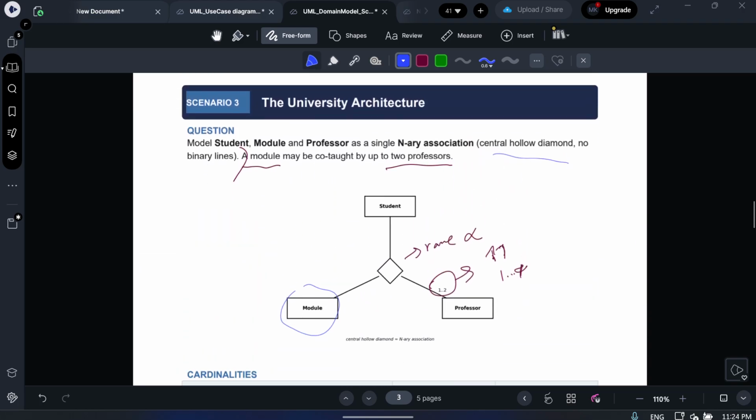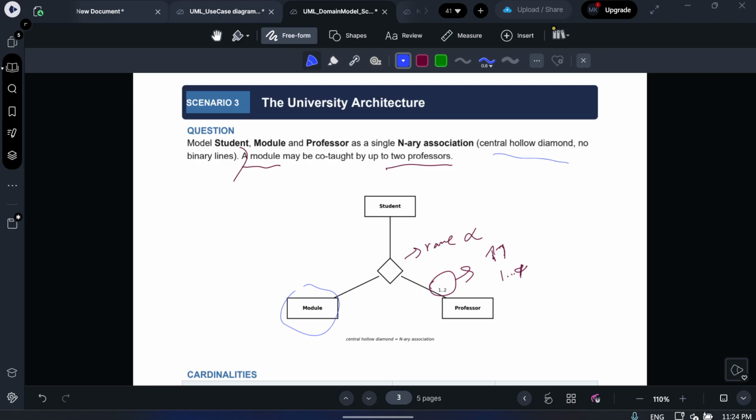And for this, you can understand that we model a student, module, and professor. If you know that there are 3 individuals that are dependent on each other, you can create this dependency. But a module may be co-taught by up to 2 professors.